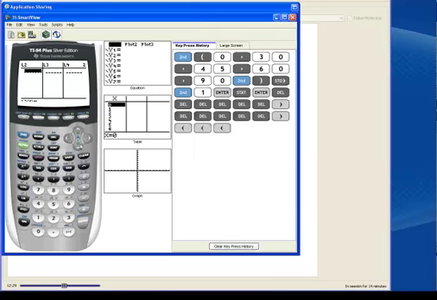Okay, that's good. And now I'm going to go in here and I say that the list L2 equals sine of list L1. There, and there it is, 0, 0.5, 0.707, 0.866, we may want to memorize them to 3 decimals, and 1.